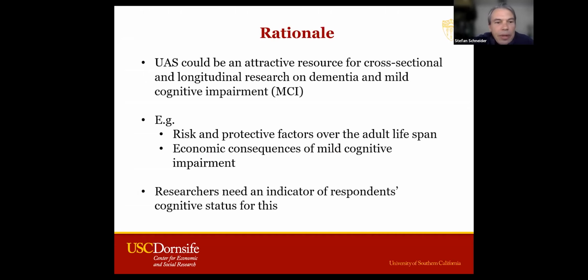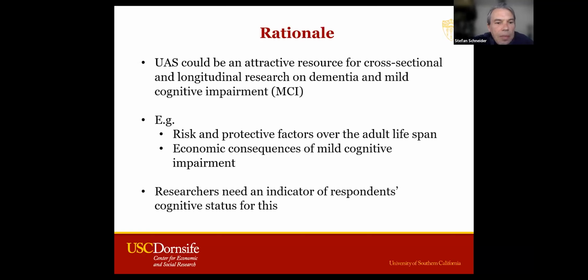So we at some point thought that the UAS could in fact be a very attractive resource for both cross-sectional and longitudinal research on dementia and mild cognitive impairment, as many longitudinal panel surveys on aging are. Compared to other aging surveys, we have the full adult lifespan from 18 years over, so that makes us a little different.